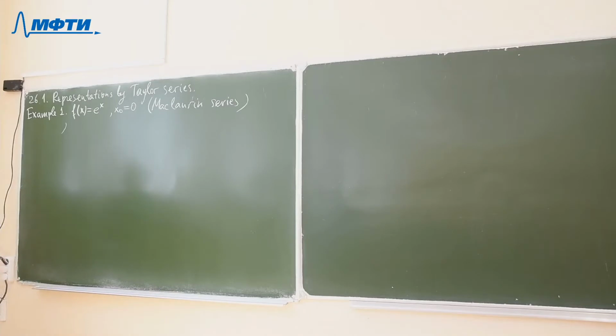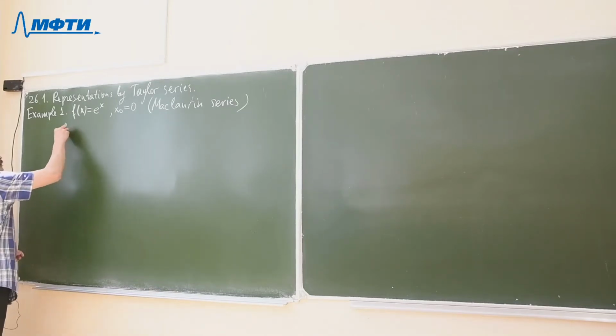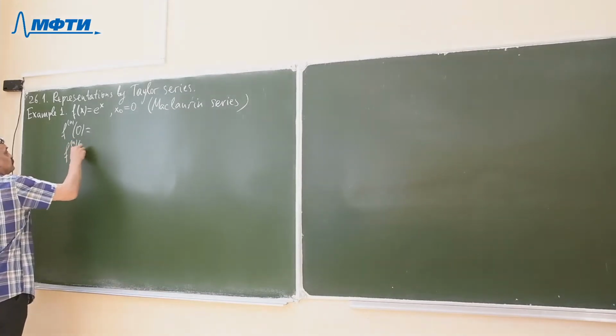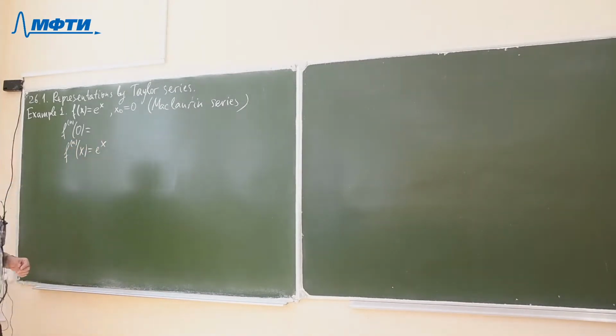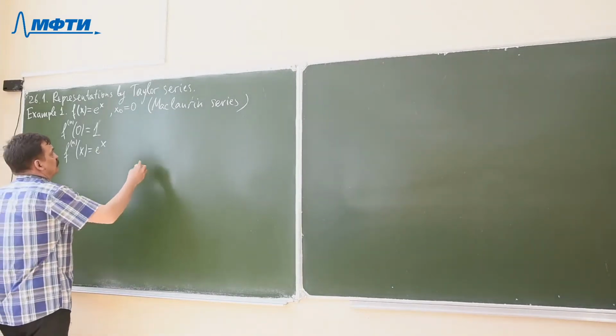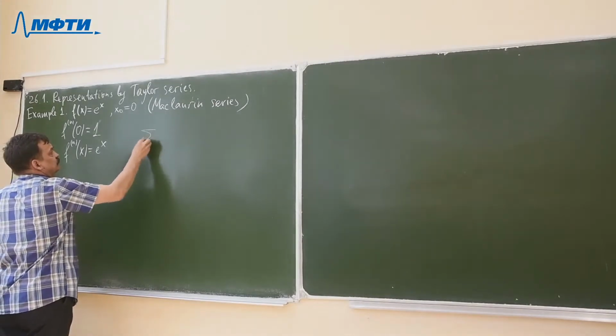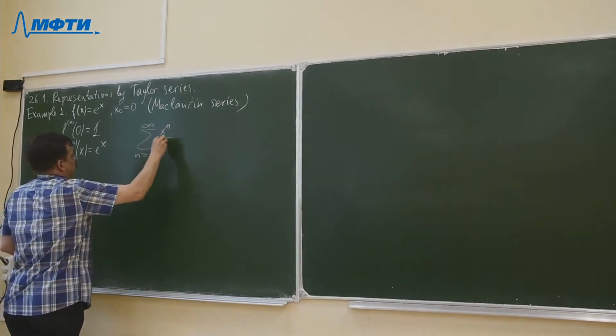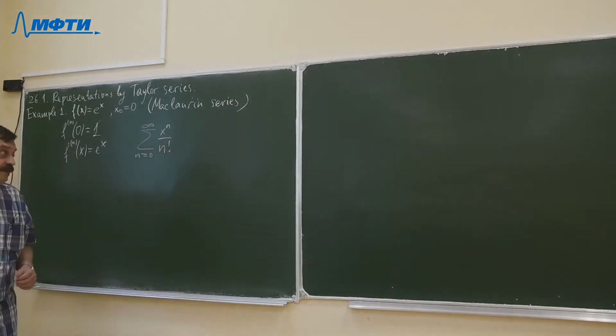If we compute a derivative, in fact any derivative of the exponent function is the exponent function itself, hence the value of any derivative at 0 is 1. Hence the Maclaurin series will be as follows, like that.